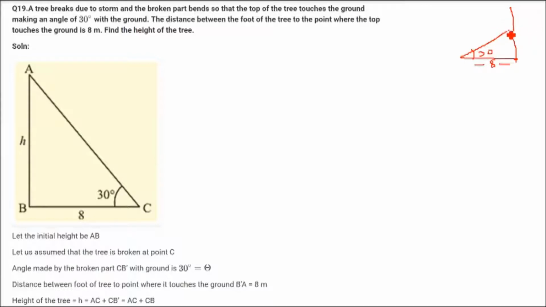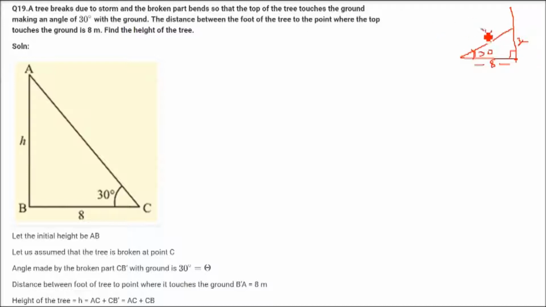Find the height of the tree. So we have to find the height of the tree. We are not aware of either this part or this part. So this is x and this is y. We'll take x and y and then just add them. We will find x and y. So first, this is a triangle, this is 30 degrees, this is 90 degrees.